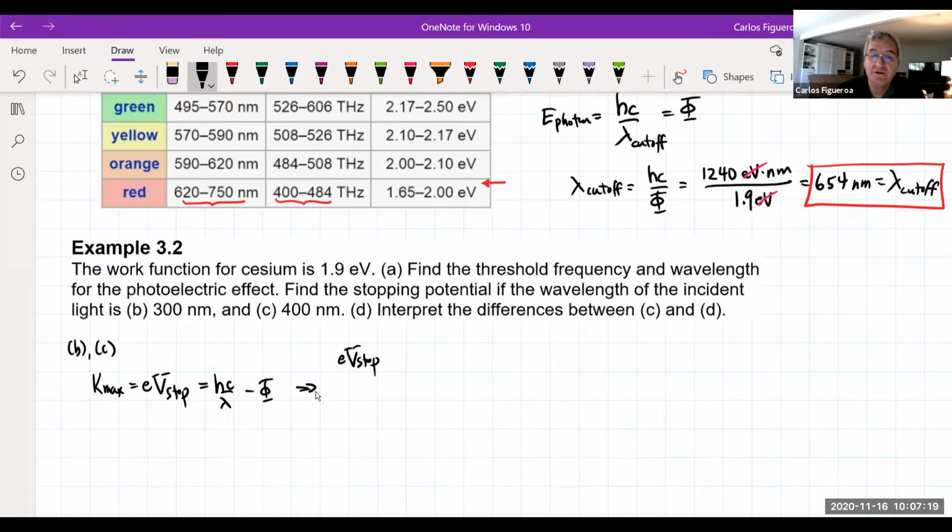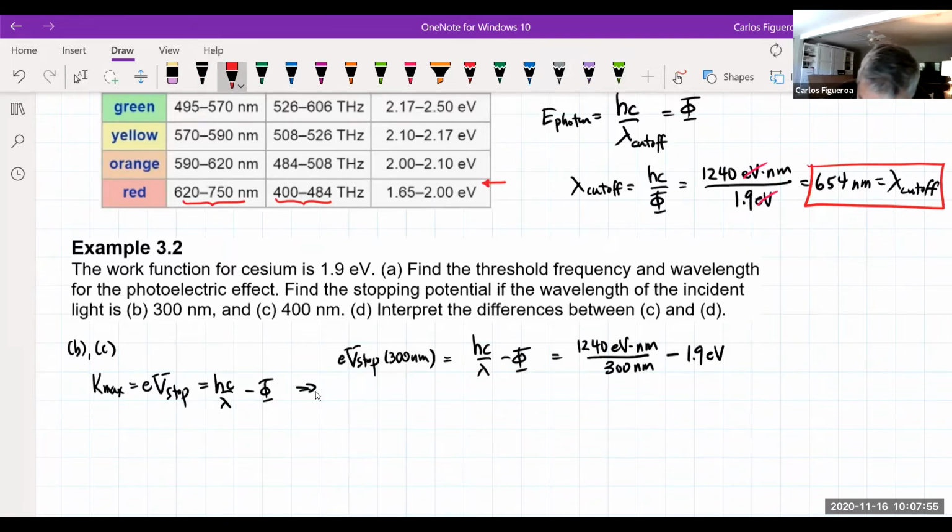Now I could cancel out the e's, and maybe I should do that once so you can see what I'm talking about. But for 300 nanometers, according to this, it's got to be hc over lambda minus the work function. So in this case, it's got to be 1240 divided by 300 minus the work function. And we know that the work function is this here.